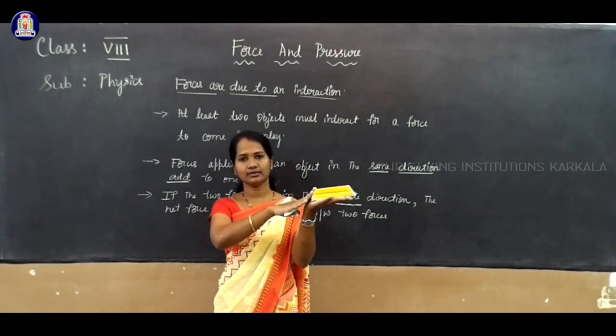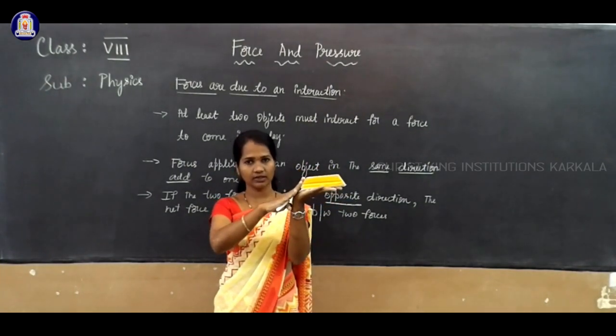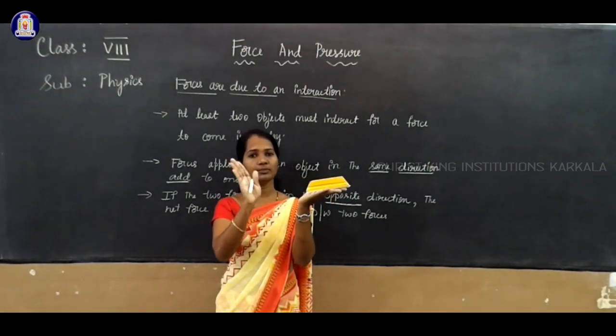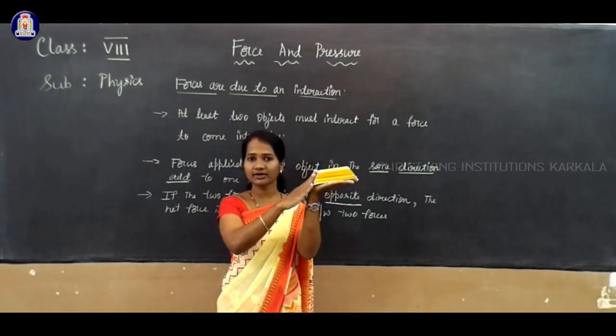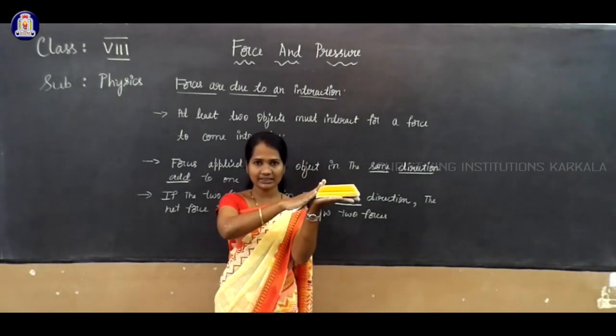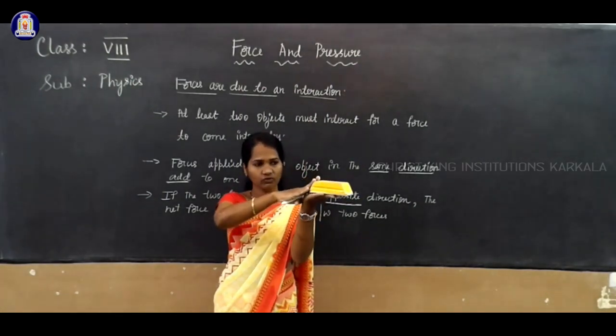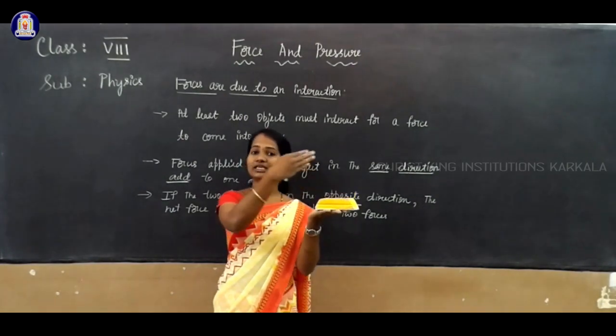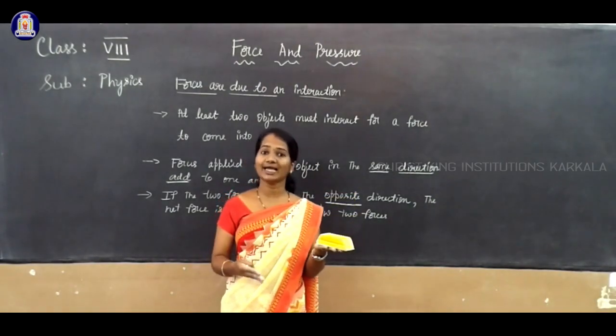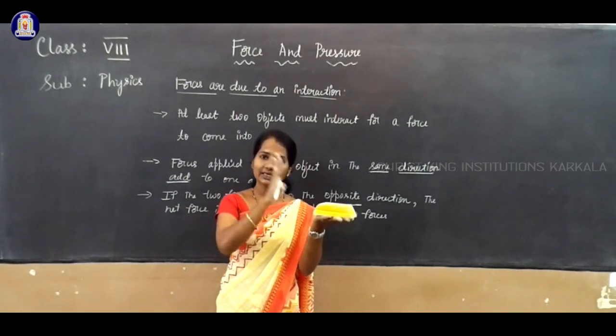You can see there is an interaction between my fingers or my hand and the surface of the duster. If I touch this duster and apply force, the duster starts moving. So the effect of force, that motion, can be seen when there is interaction.